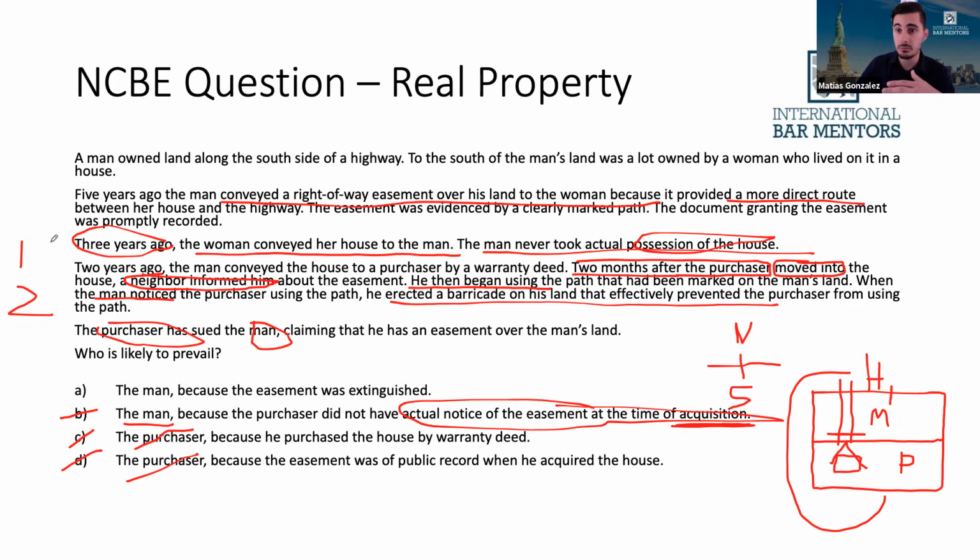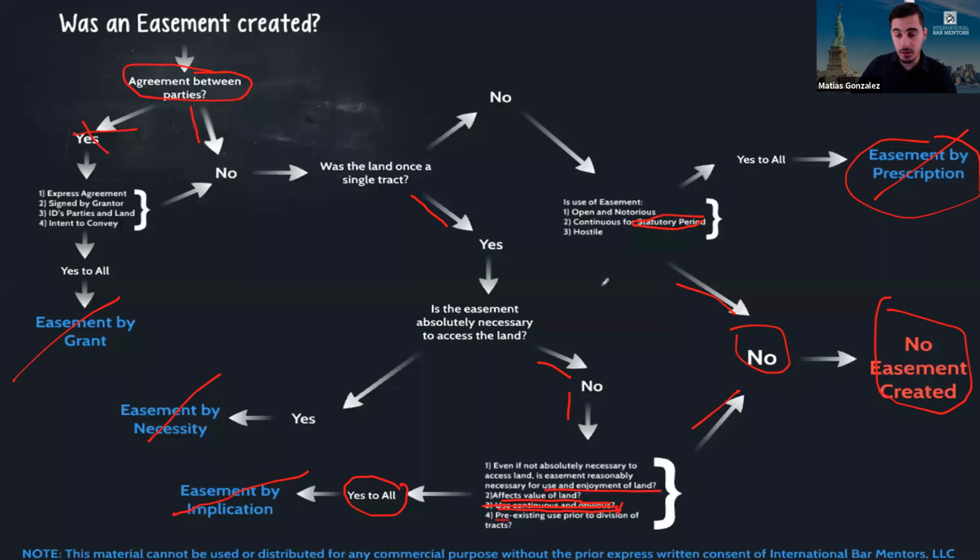We didn't get into termination of easements here, but even if you did know terminations of easements, you would know that there was no easement at the time that the purchaser bought the land from the man, because you cannot own an easement over your own property. Which leaves us with A being the correct answer. So notice how we got to that: we used the facts, we worked it through our flow chart, and we arrived at the correct answer, which was that no easement was created between the man and the purchaser.